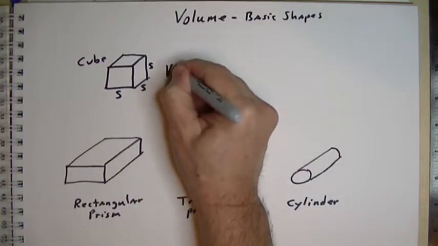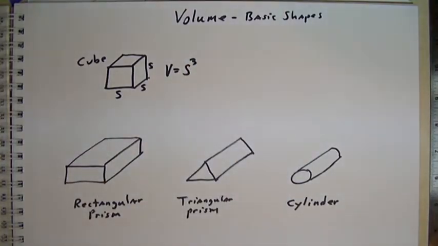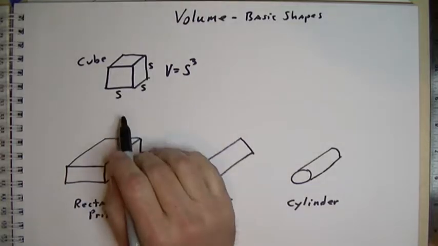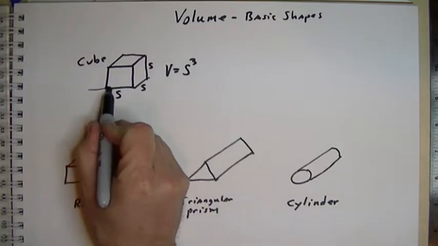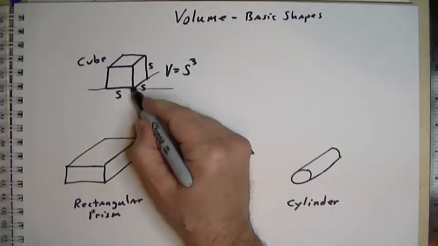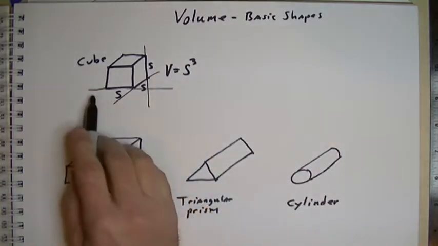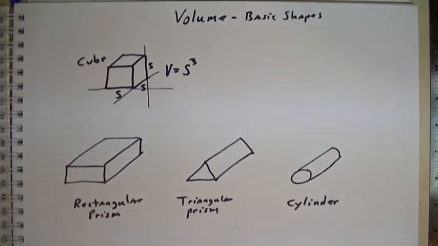We get the volume is s cubed. So you can think of it as length times width times height. You're taking the three separate dimensions, this one extends this way, this one extends this way, and this one extends this way, and multiplying them by each other to get the volume.